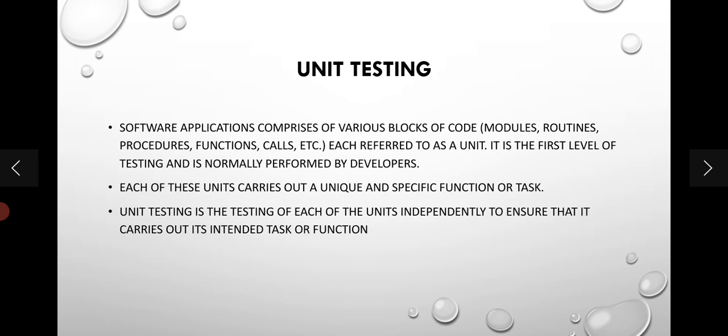Unit testing is the test of each unit independently to ensure that it carries out its intended task or function. A software application comprises various blocks of code, for example modules, routines, procedures, functions, calls, etc. Each of them is referred to as a unit.